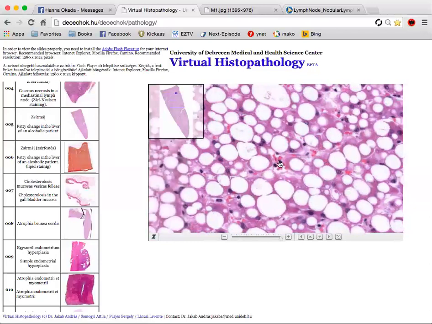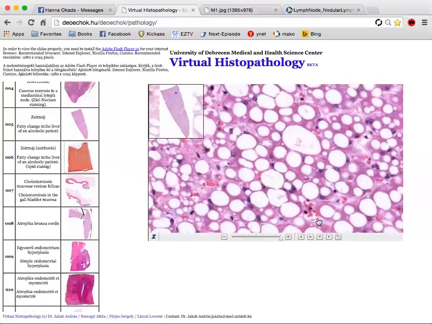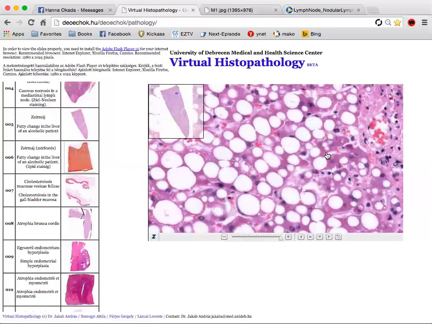Yeah, and is there even a deposition of lipid on the central vein? Yeah. Okay. But not on the triad, I can see. No, the lipids are all intracellular in the hepatocytes.